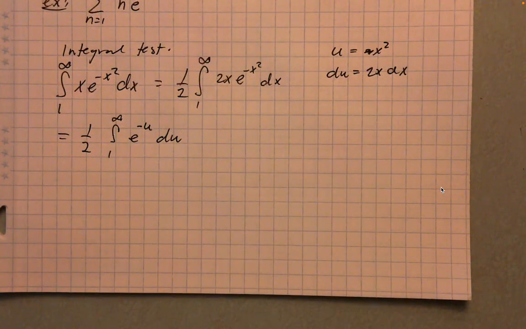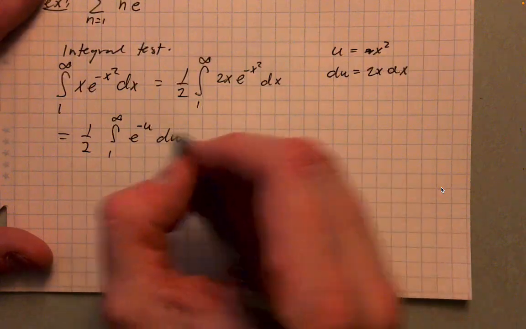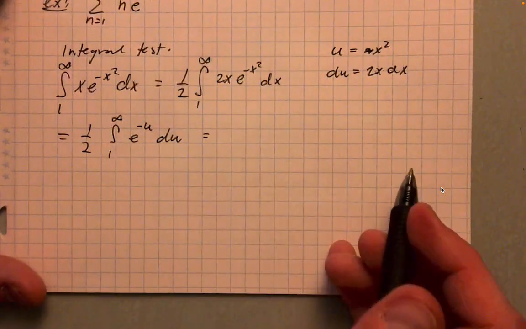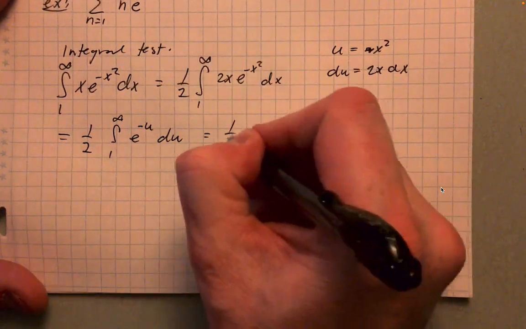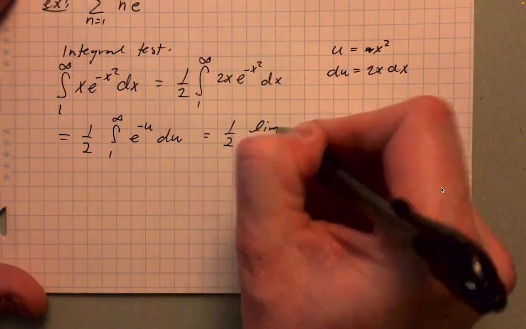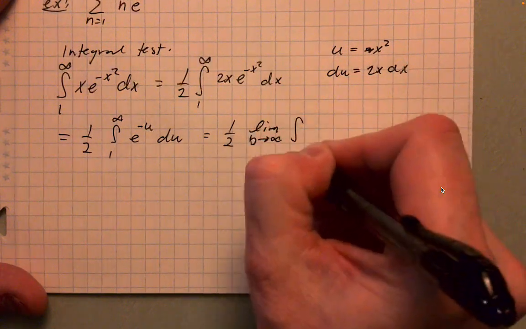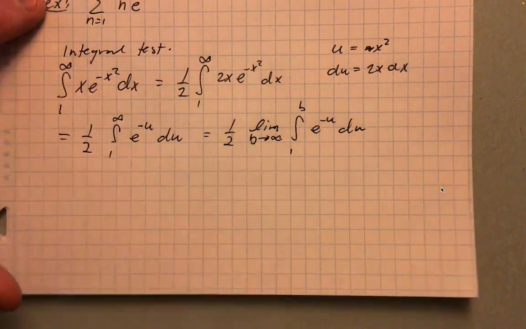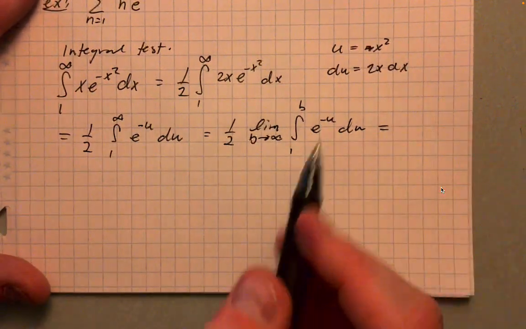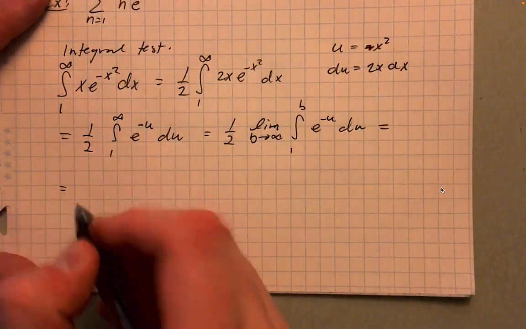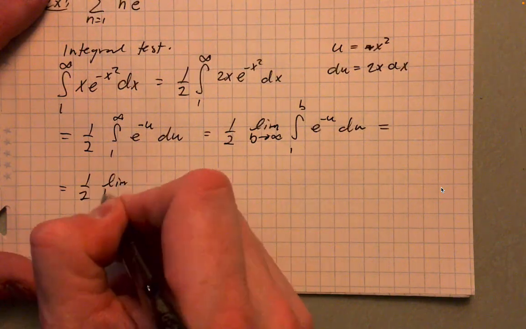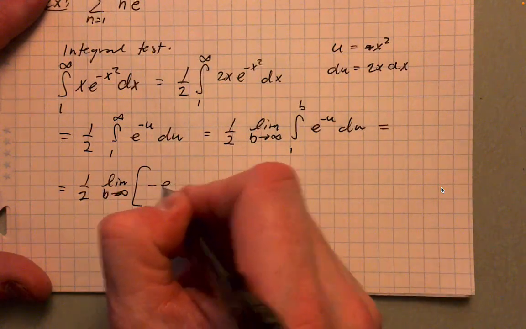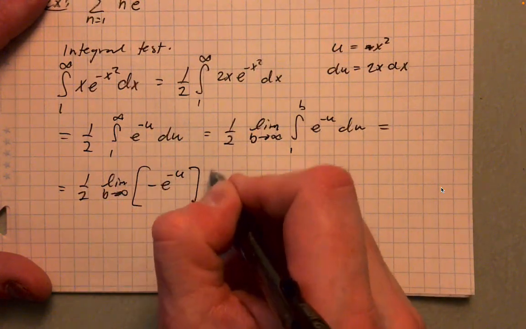Okay. This is an improper integral, so we would have to do something like this: 1/2 times the limit as b goes to infinity of the integral from 1 to b of e to the negative u du. And we would see that this is 1/2 times the limit as b goes to infinity of negative e to the negative u from 1 to b.